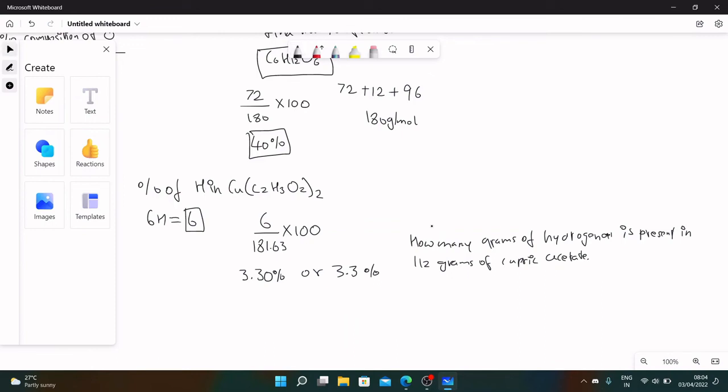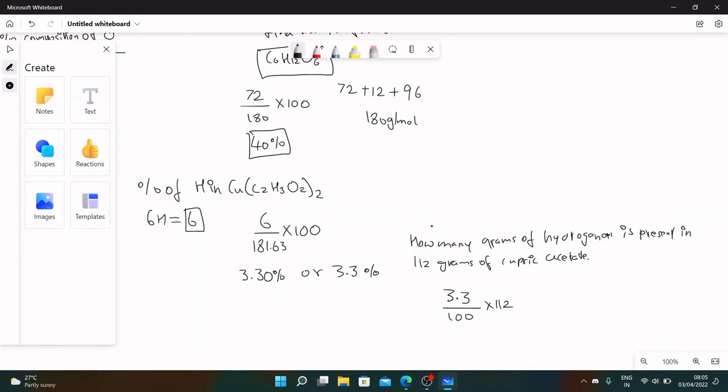In such cases, all you have to do is divide the percentage you got by 100 and multiply it with the grams of the compound. That's basically 3.3 divided by 100 into 112.